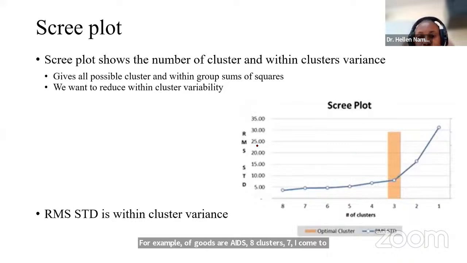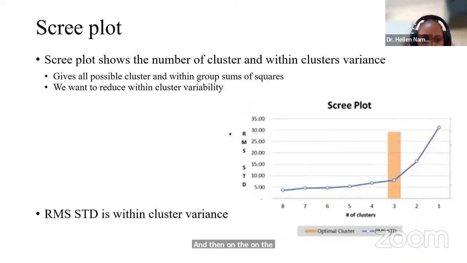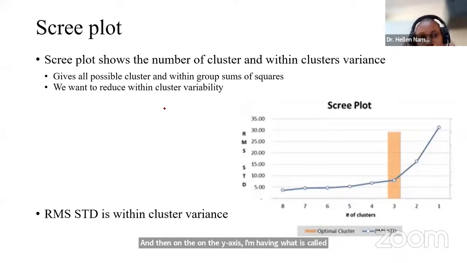On the y-axis, I have the within group sum of squares. Remember, we want to reduce the within cluster variability. From cluster 8 down to cluster 4, the within group variability is very small compared to when you're at cluster 1.